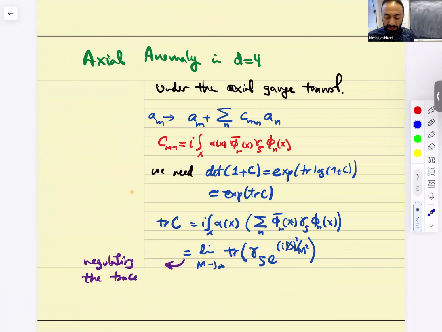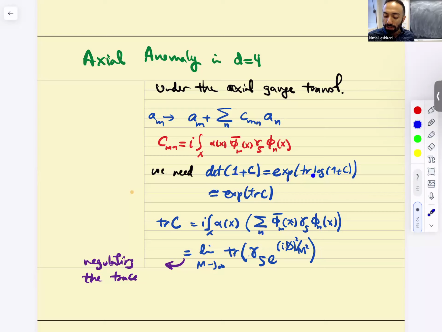We discussed this, that under an axial gauge transformation, these a_m go to a_m plus sum over n of c_mn a_n. So there are these matrices. These matrices are nothing but traces of gamma 5 integrated against this alpha of x. And what you have to calculate is the determinant of 1 plus c.